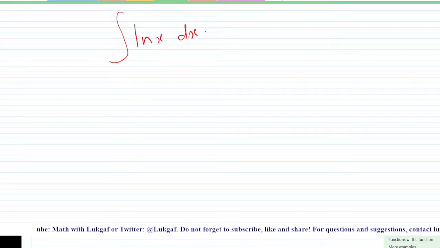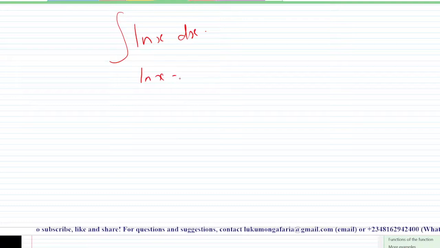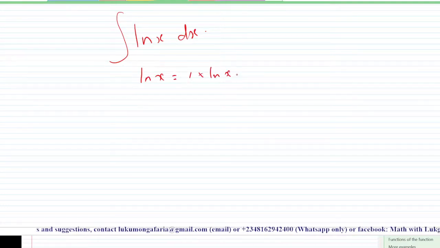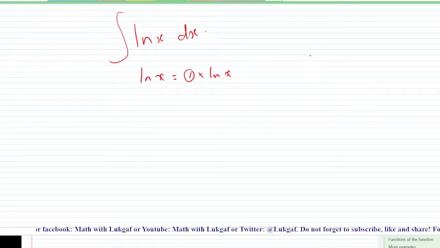It is very simple to solve. Okay, look up. Remember that if I have ln x, I consider ln x the same thing as 1 multiplied by ln x. Is that not so? Because 1 is the identity element under multiplication. What is an identity element?